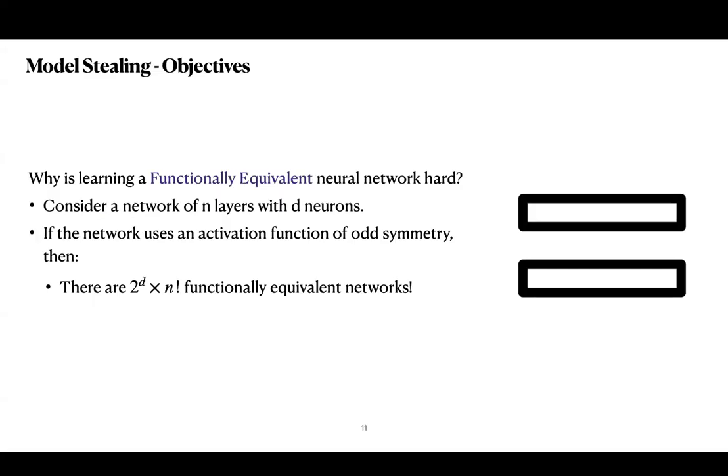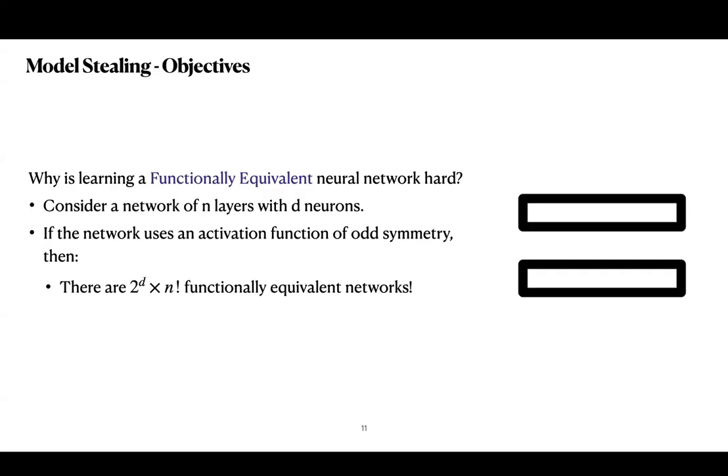So the other question was why learning a functionally equivalent model is generally considered a hard problem. The point is that consider a neural network which has n layers, and each layer has d neurons. If you have gone through the NNTI course, you probably have solved this question, of how many equivalent models such neural networks could have. And you have 2 to the power d times n factorial functionally equivalent networks.